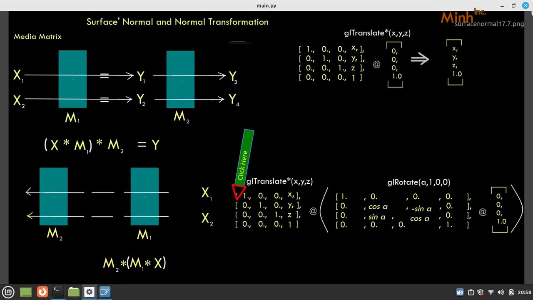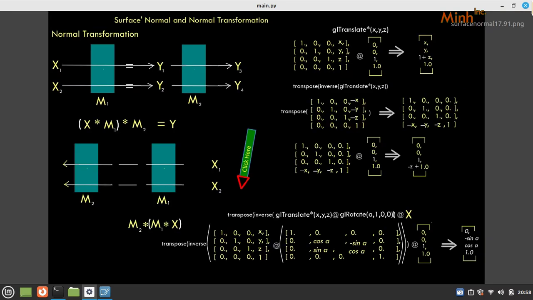Okay, if that is true, then this is M and this is V. Now we have to find the transpose and inverse of this. Okay, so the inverse of this is this, and if we do the transpose, then this will come here. So the transpose of the translation is like this.